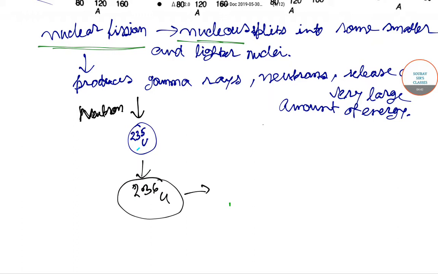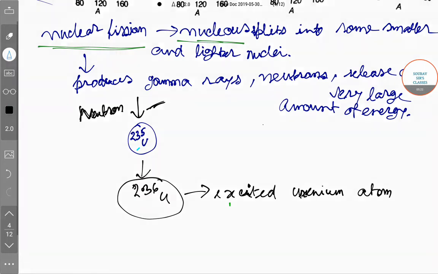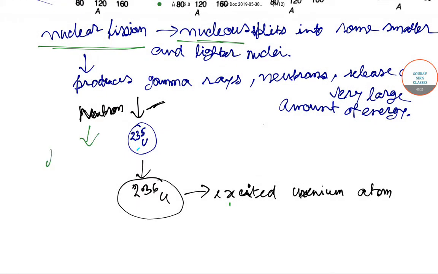This is the excited uranium atom. The excitation energy is provided by the kinetic energy of the neutron plus the forces that bind the neutron.